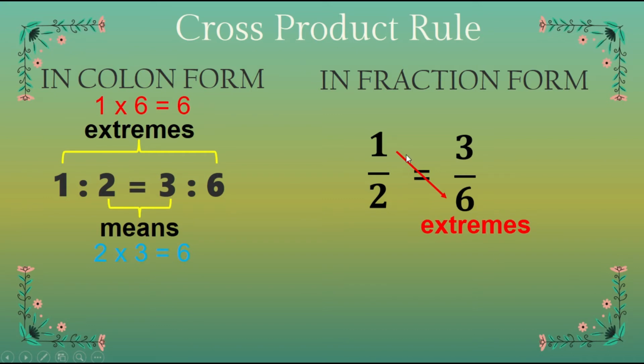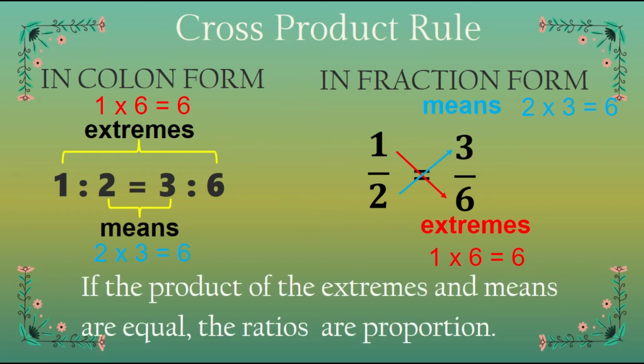And our means are the denominator of the first fraction and the numerator of the second fraction. When you multiply the means and you multiply the extremes and they have the same answer, it means the proportion are equal.